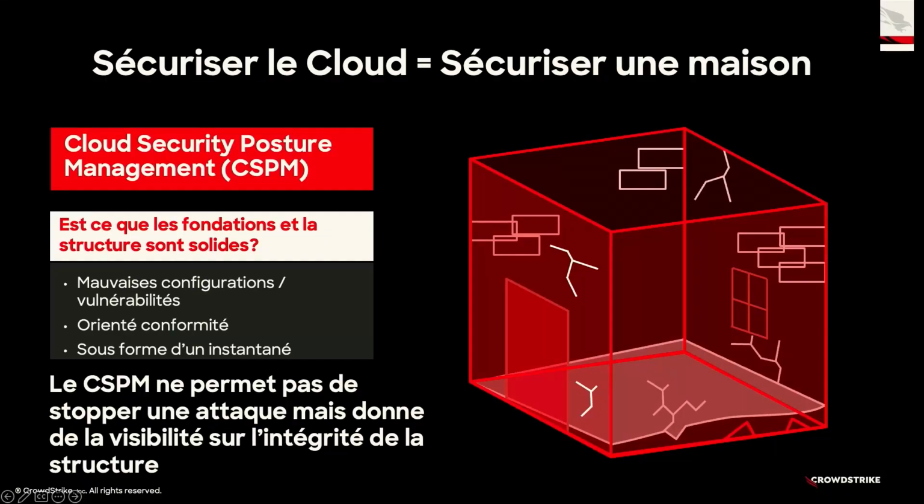The CSPM, for Cloud Security Posture Management, consists of trying to evaluate and identify the wrong configuration and the vulnerabilities. For a house, it would be like, okay, let's ask ourselves, the foundation, the structure, is it good? Do we have termites in the wood, or do we have locks on the doors?